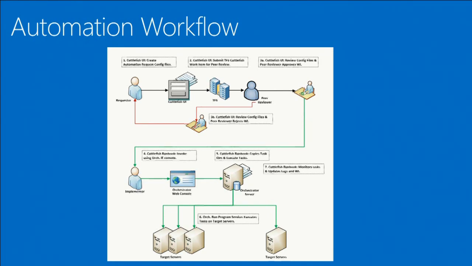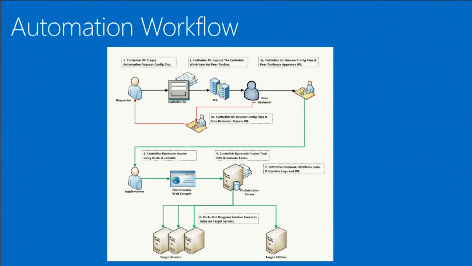So here's a gentleman from the same team. He opens the work item and sees that the request is genuine, or that the changes being made are genuine. He re-verifies that using the Cuttlefish UI we showed you. Once he is satisfied that all the requested changes are proper and appropriate, he approves it.